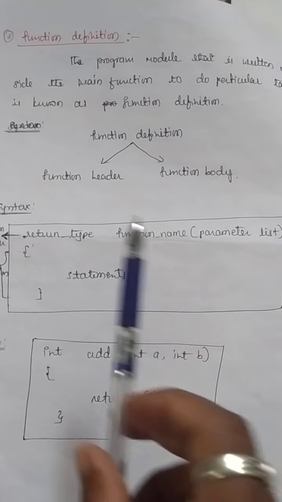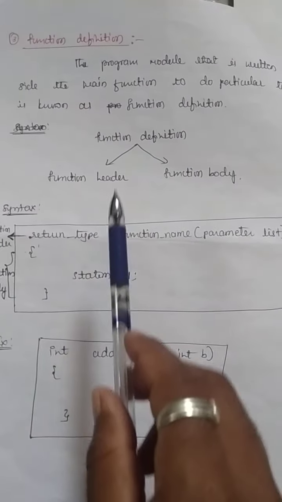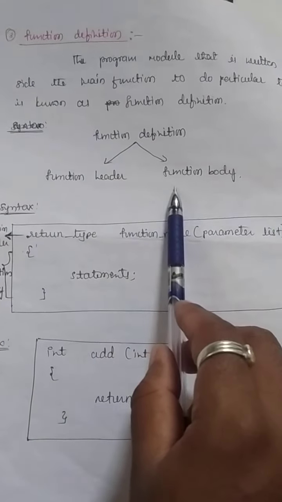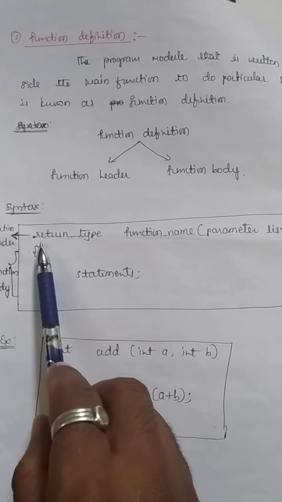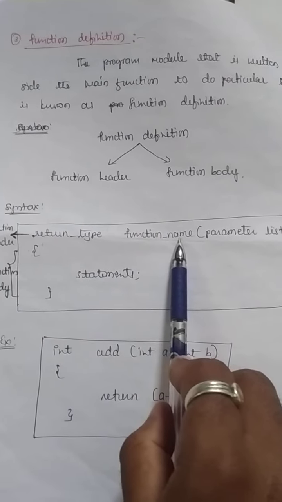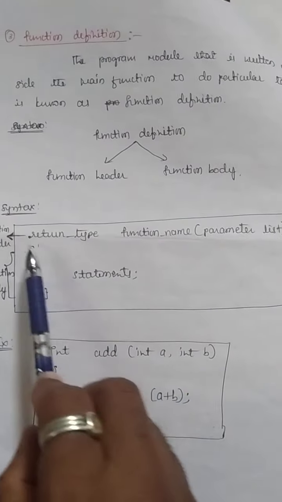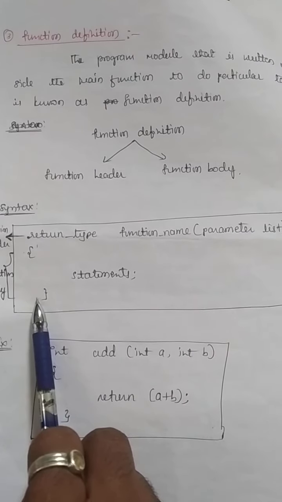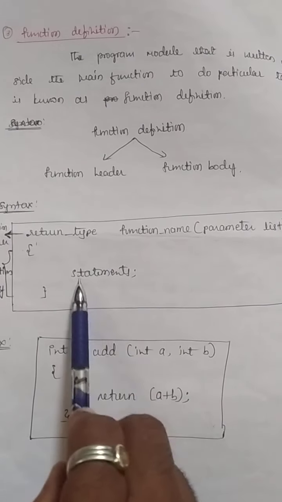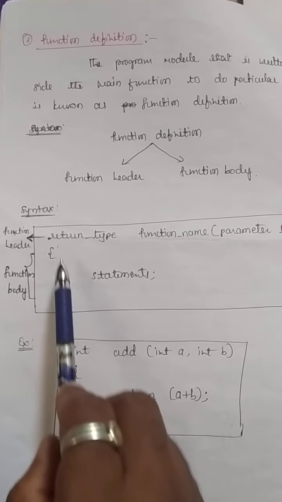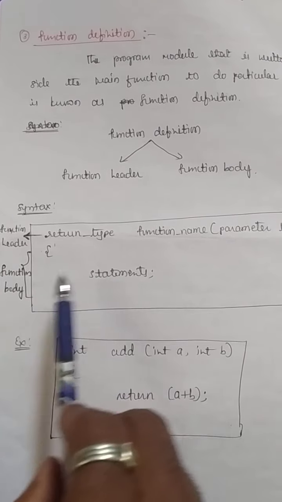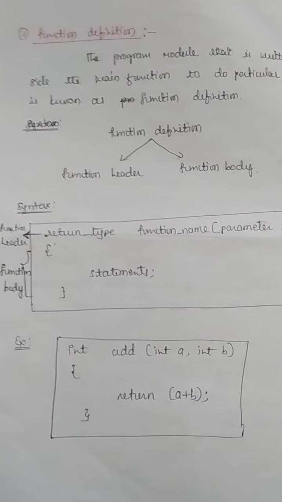The function definition contains a function header and a function body. The function header has the return type, function name and parameter list, followed by one set of flower braces. Inside these we can write some statements. This is known as the function header, and whatever we write inside the flower braces is known as the function body.